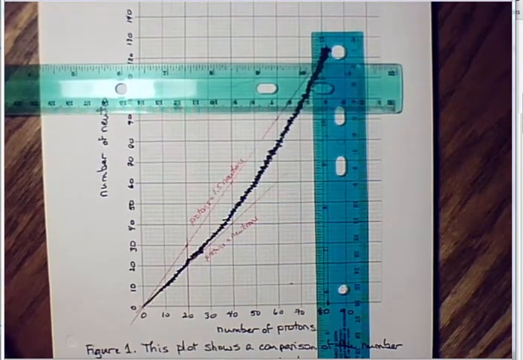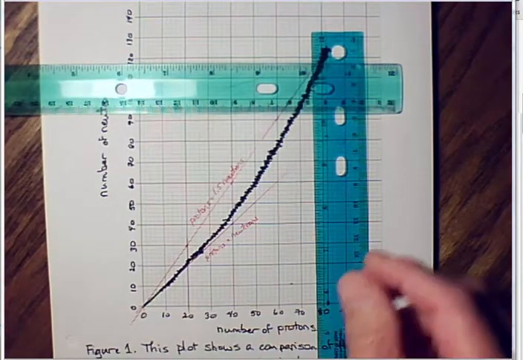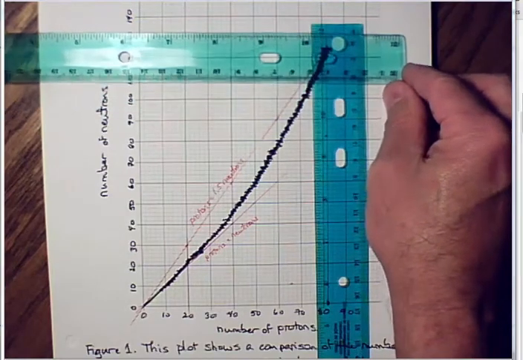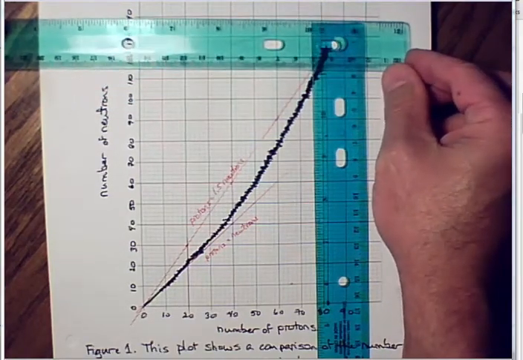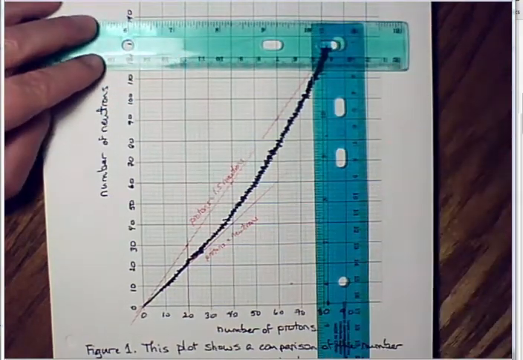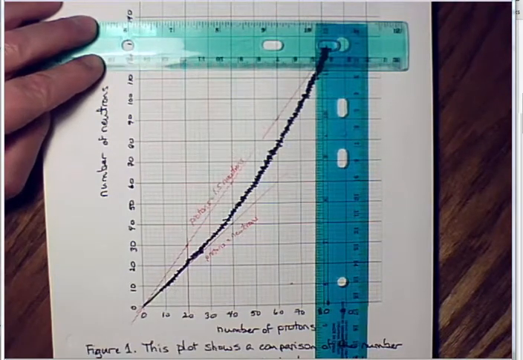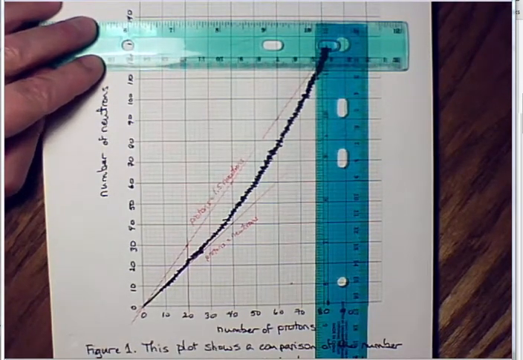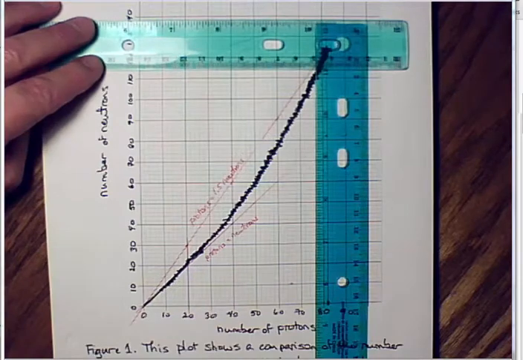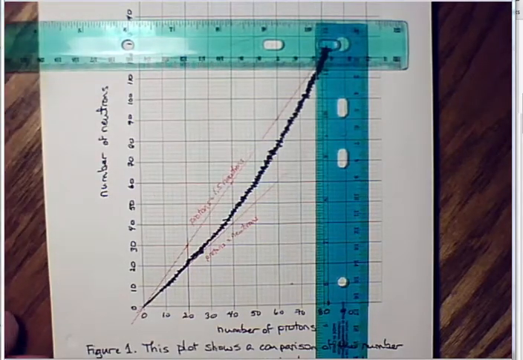How many protons, how many neutrons in osmium 190? 114. So 114 is right there, and 76 is right here. I would say it's pretty much right there on that line. It intersects right where the fat line is located.